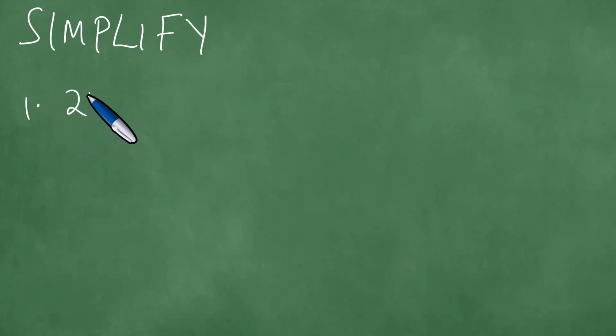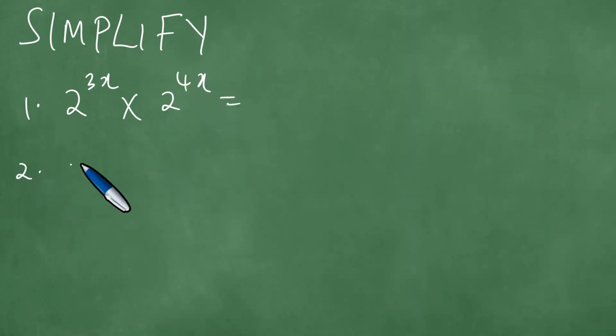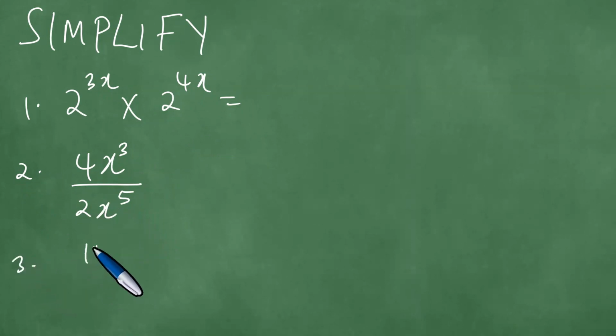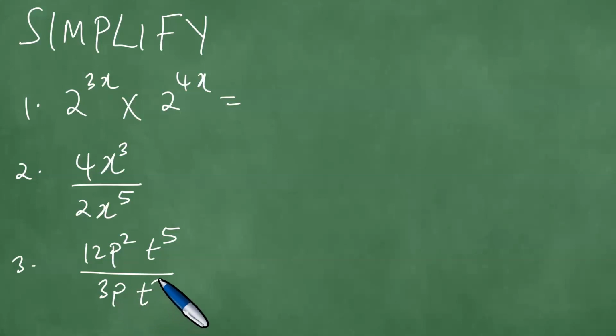Right, if it is 2 to the power 3x times 2 to the power 4x, what's the answer? Number 2: 4x cubed divided by 2x to the 5th power. Number 3: 12p squared t to the 5th power over 3p t cubed. Okay, what's the answer to the first one, Leander?